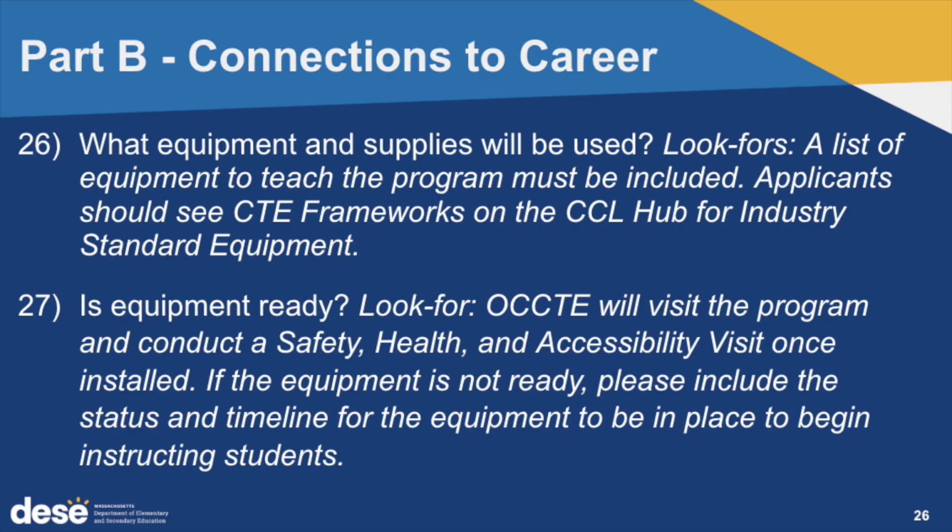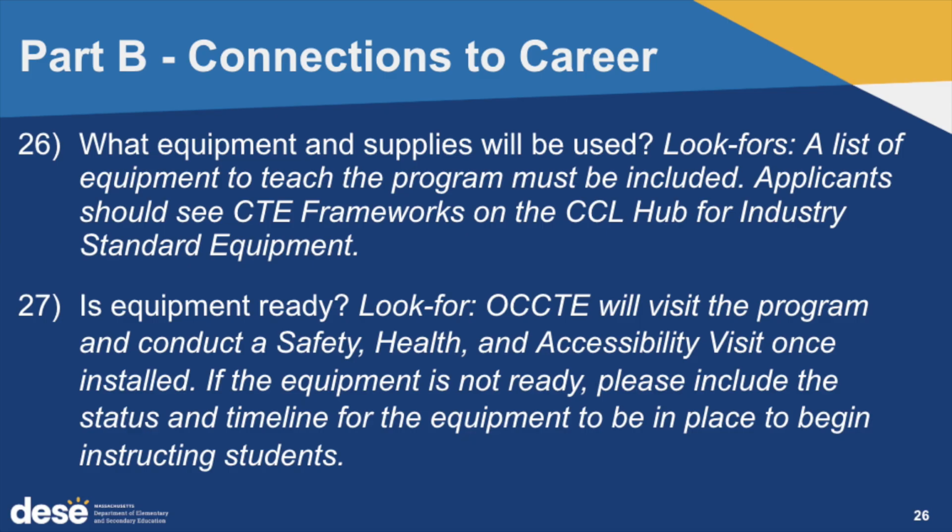For question 27, to determine whether the equipment is ready, consider the OSHA standards for safety and health for this program. Do the program facilities and placement of equipment meet these standards? How have safety risks been engineered out?